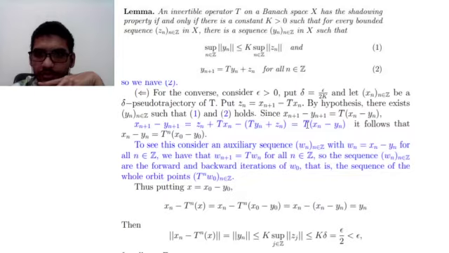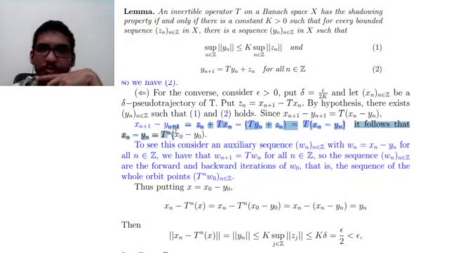You have x_{n+1} minus y_{n+1}, and you use the definition of c_n, and you use property 2 of the lemma, y_{n+1} is equal to this.